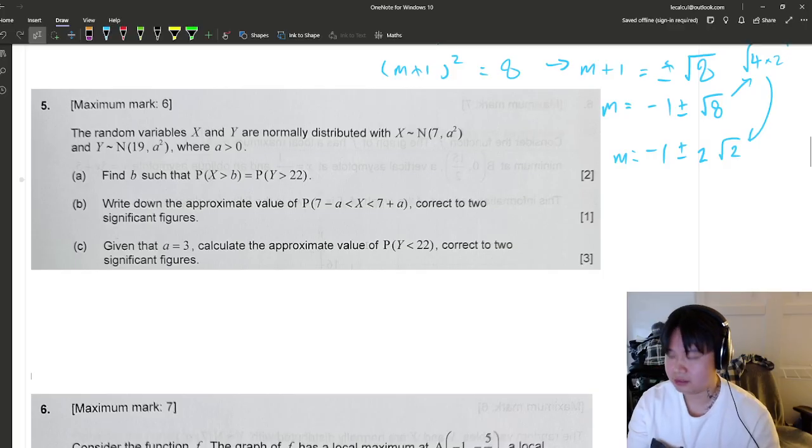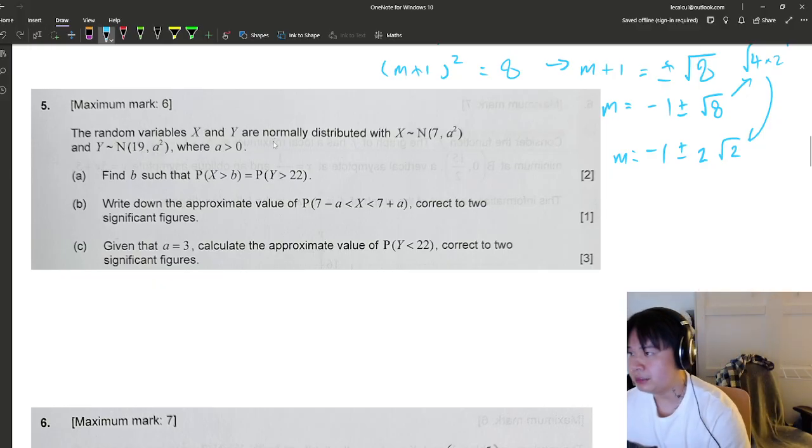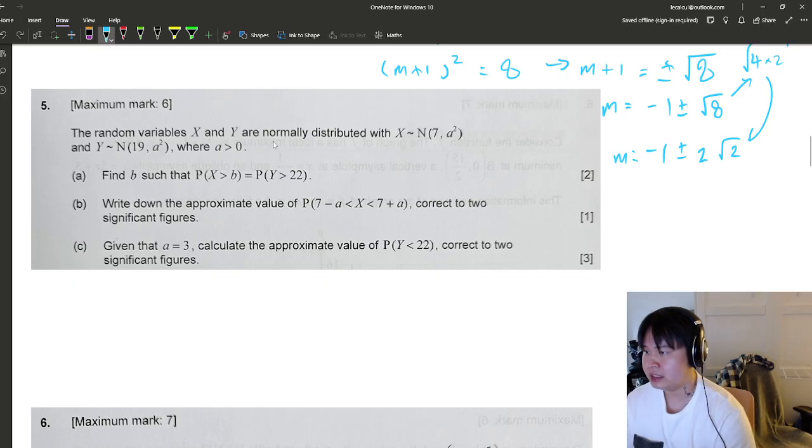Okay, question 5. We have two normal random variables, normally distributed. X has a mean of 7, standard deviation of a. Y has a mean of 19, and then the same standard deviation. Okay. So before I start, I do like to draw these.